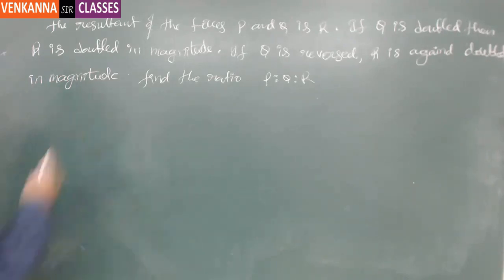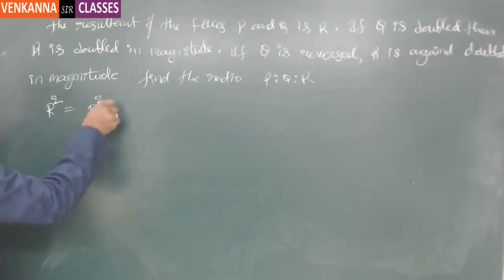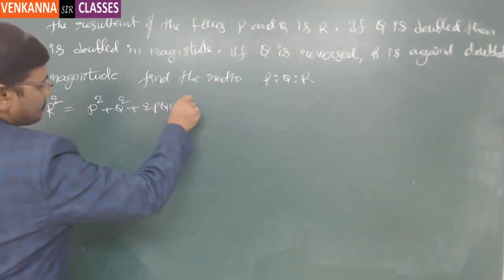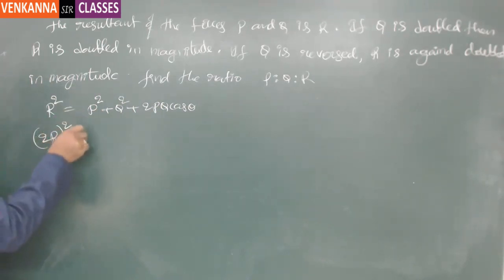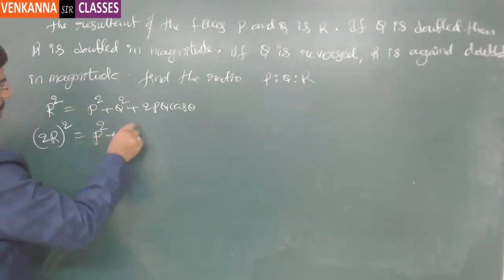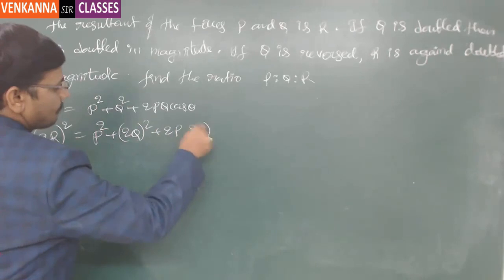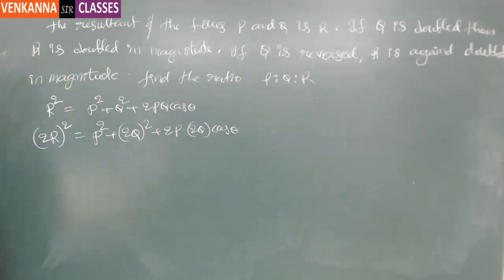So there are three different relations. One is R square is equal to P square plus Q square plus 2PQ cos theta. And the second one is, if Q is doubled, that means R is also doubled. Only magnitude is doubled, but not the angle.